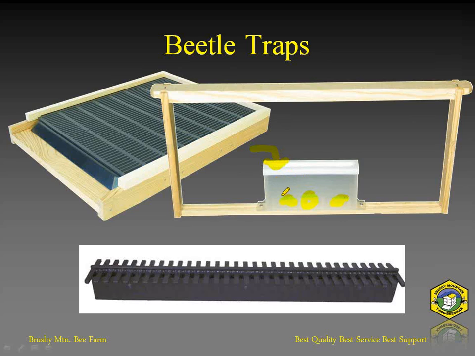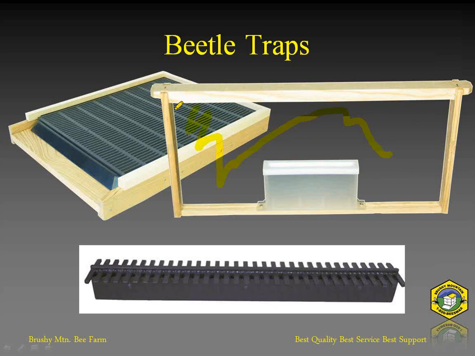Now, the downside to this trap is that you've got a whole frame space being taken up for a trap. That can be a bit problematic, but you can work with that. When we talk about varroa and drone trapping, you can take the drone comb that will be built in this space and cut it out and use that as a means to help reduce your varroa as well.